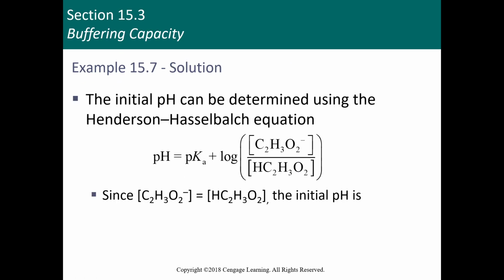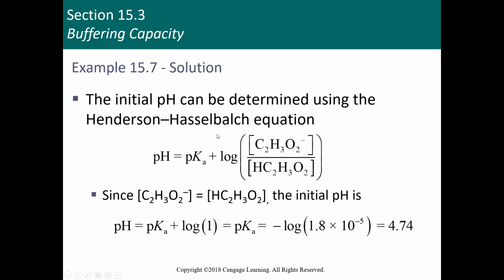So you can determine your initial pH by just taking your initial concentrations and plugging them into your Henderson-Hasselbalch equation. So our concentrations originally are going to be equal. And so the initial pH is just going to be log of 1 here. The log of 1, well, that's 0.